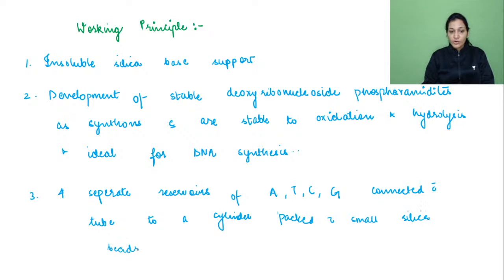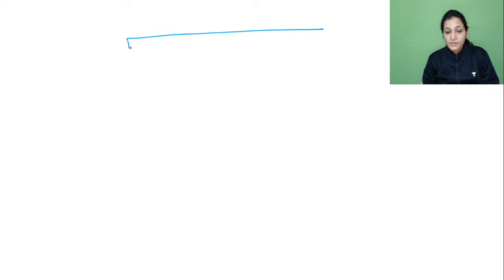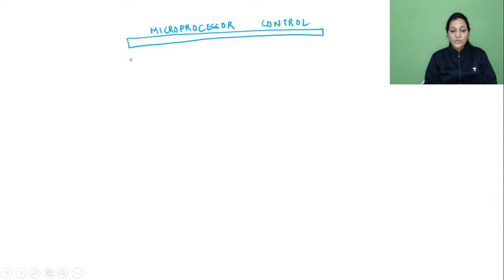So we'll just draw what I told you. See, there will be a microprocessor control in the very starting. And then it will be connected with all the other things like this.